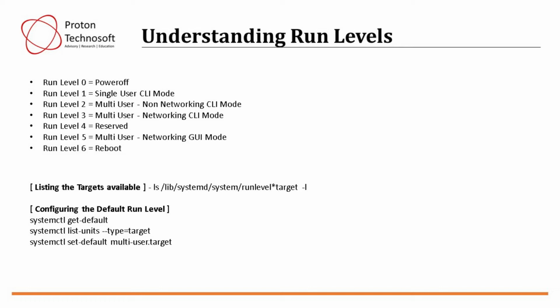In Windows as well, you have some kind of run levels, wherein you have a GUI, which is the default run level in Windows. You directly land up with the login screen and you log in there. So that's one run level that you have in Windows. The other run level in Windows is safe mode. In safe mode as well, you have multiple options: login with networking, login without networking.